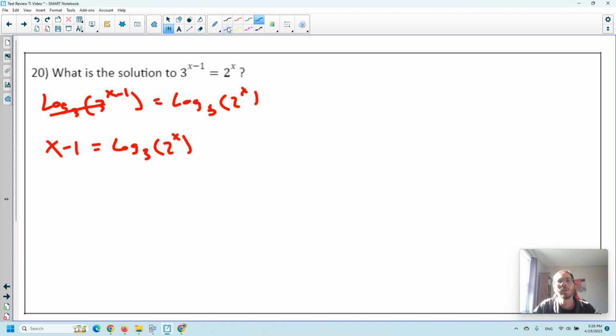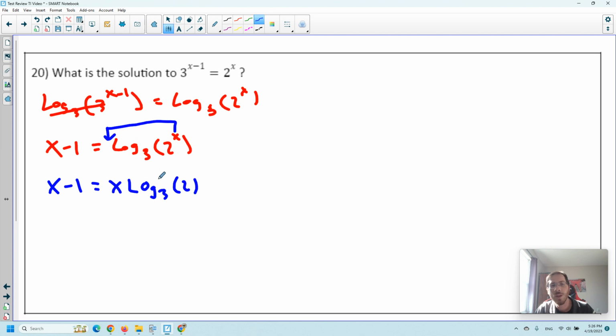And now I'm going to use the property that says I'm allowed to take my exponent and bring it out front. x minus 1 equals x log base 3 of 2. All right, so this is some number. We don't really know what that number is, but just be aware it's just a number.